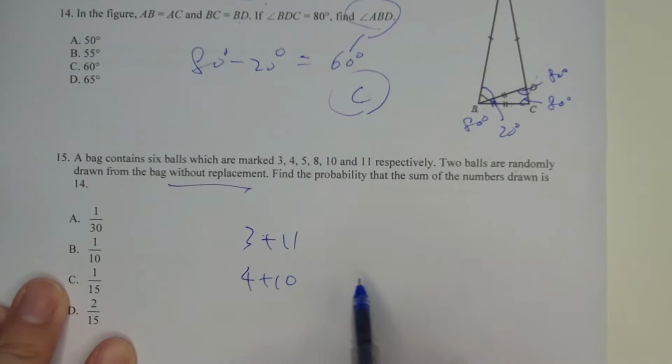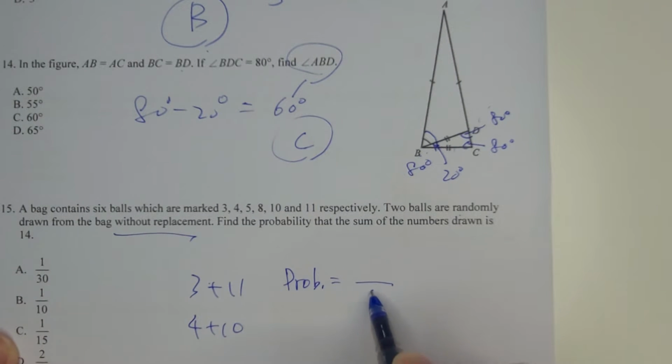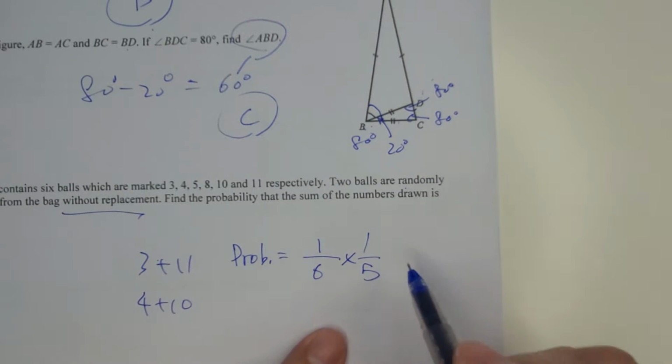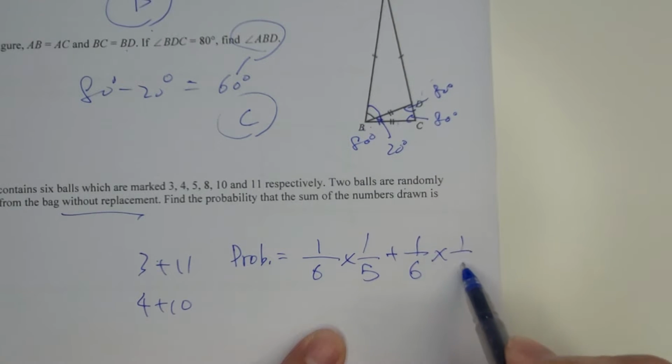So the required probability can be written this way. The first one you draw is 3, and the second number you draw is 11. That's case 1. Or the first number you draw is 11, second number you draw is 3.